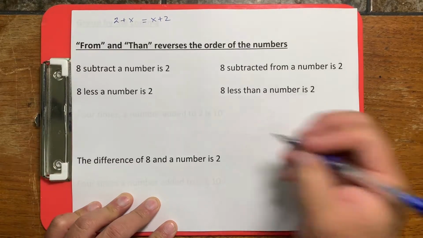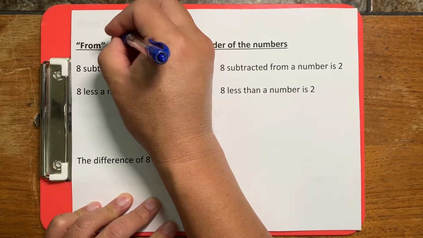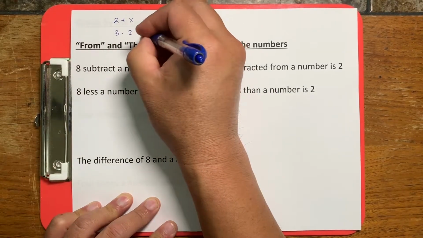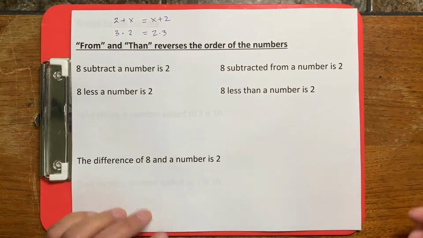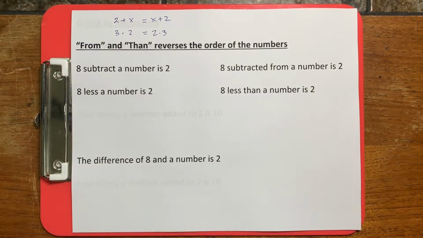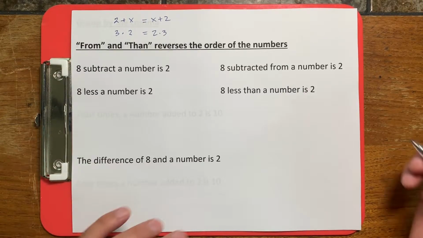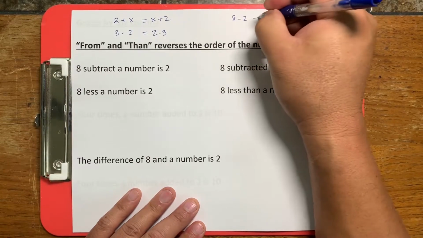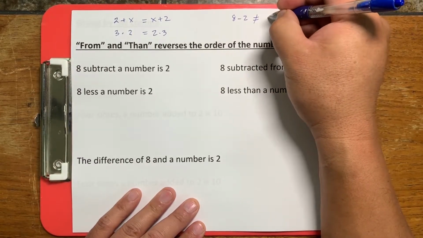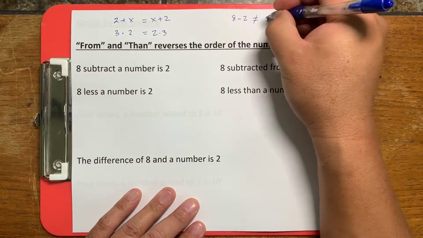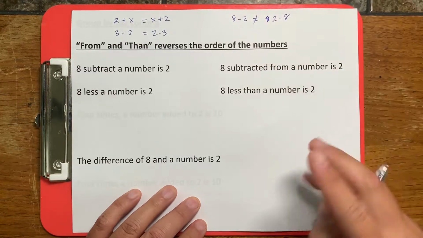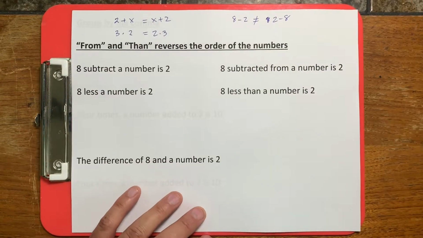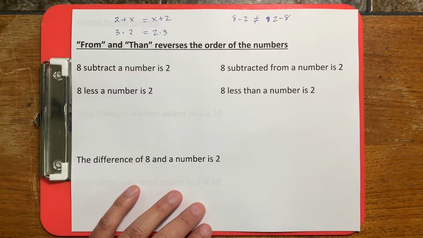Or if I look at multiply, 3 times 2 is equal to 2 times 3. Now, whenever we're doing a division or subtraction, we have to be careful about which number comes first. If I have 8 minus 2, that is not equal to 2 minus 8. If we reverse the numbers, we'll get something completely different.